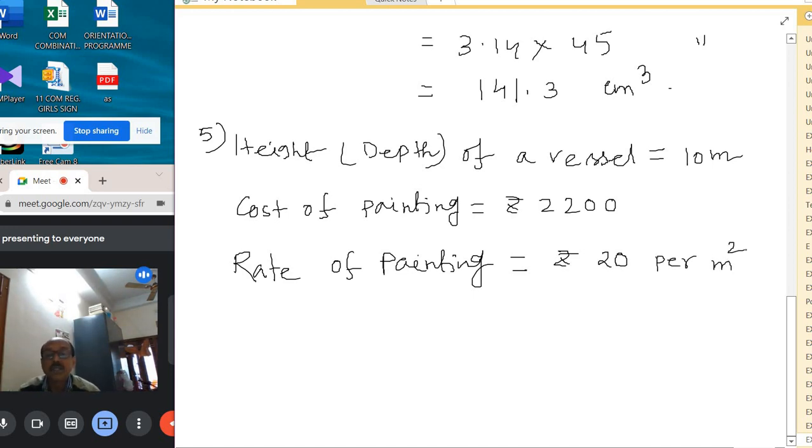See, so what is the meaning? Rupees 20 per meter square means 1 meter square costs rupees 20, and the total cost is 2200. So what is the total area? The question says to paint the inner curved surface area. We can find it now, because the total cost 2200 and the per meter square cost 20 are given, so you can divide.